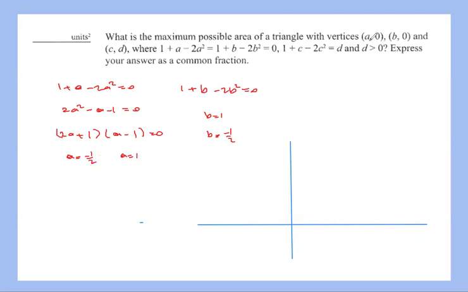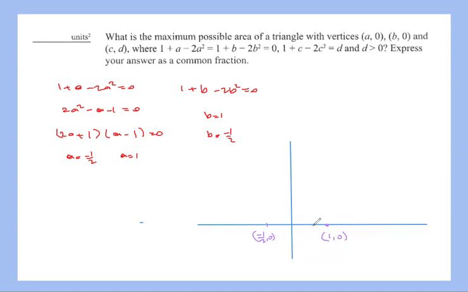Since we know that's on the x-axis, and b is also the same thing, maybe this is 1 comma 0, and let's say this is -1/2 comma 0. It doesn't really matter which point is which, because either way, this is going to be one vertex, this is going to be another vertex.